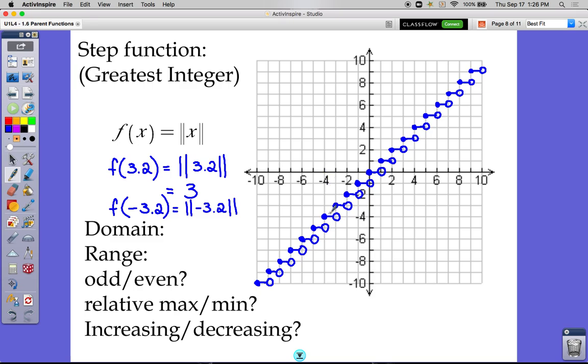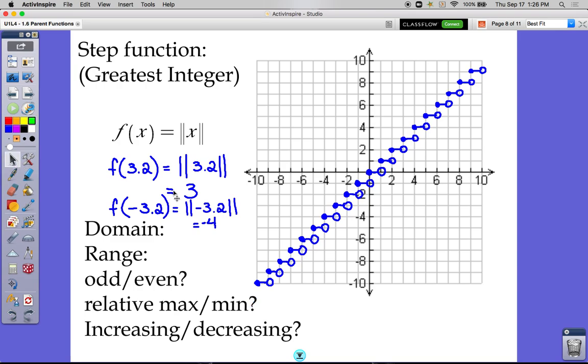What level am I at? The last level I've passed was negative 4. I haven't quite gotten to negative 3. So for this one, this is equal to negative 4.